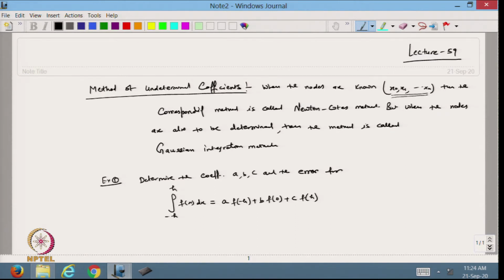So, we have some domain where this is my 0, this is my minus h and this is h.